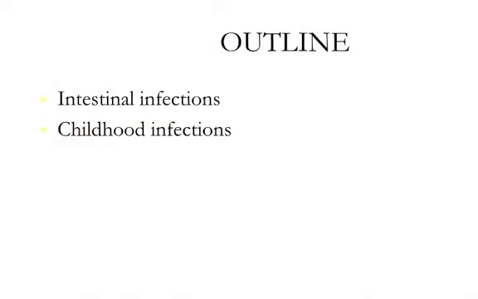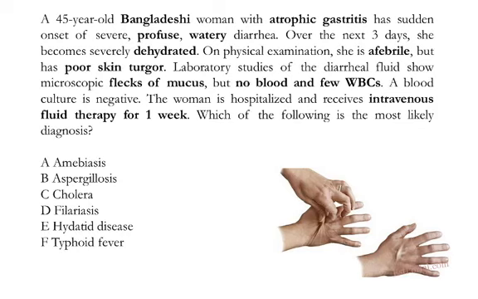Laboratory studies of the diarrheal fluid show microscopic flecks of mucus but no blood and few white blood cells. A blood culture is negative. The woman is hospitalized and receives intravenous fluid therapy for 1 week. Which of the following is the most likely diagnosis?